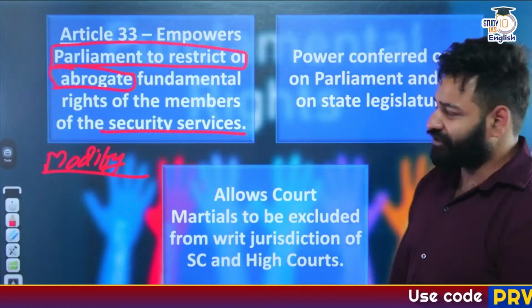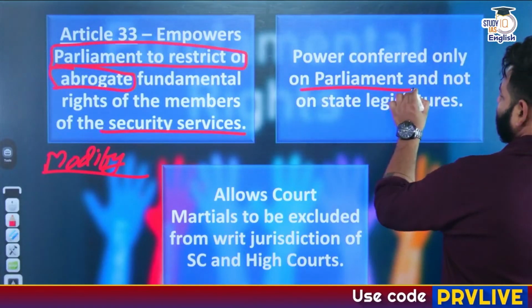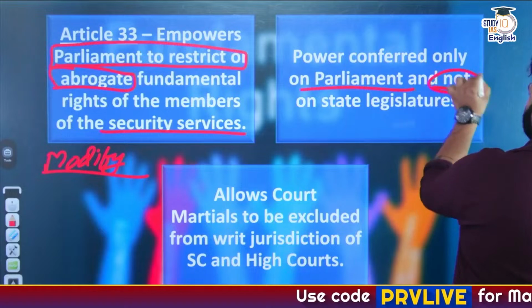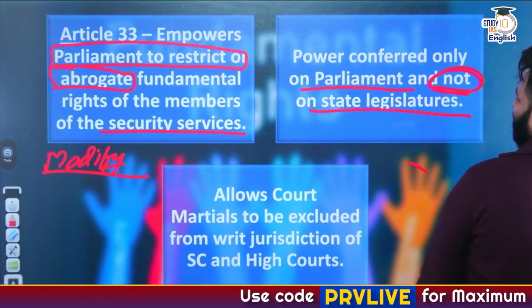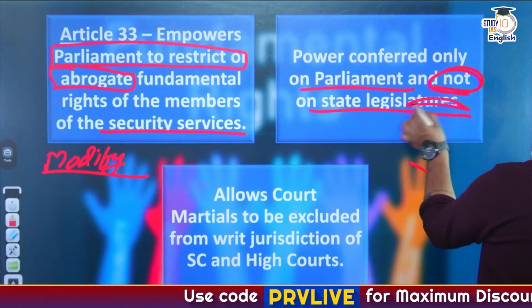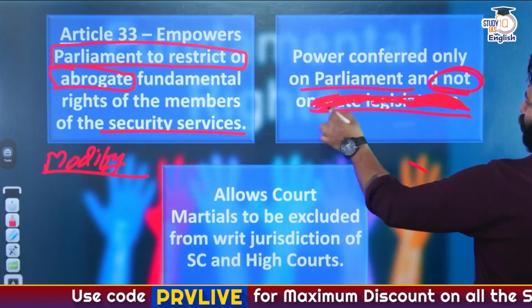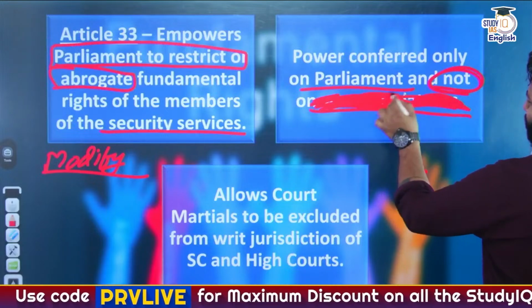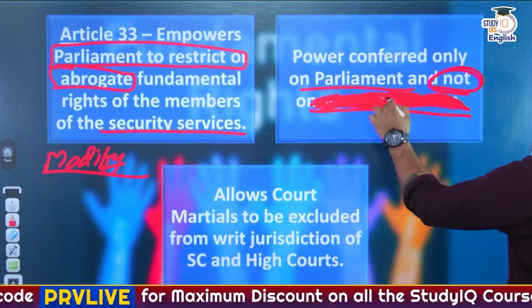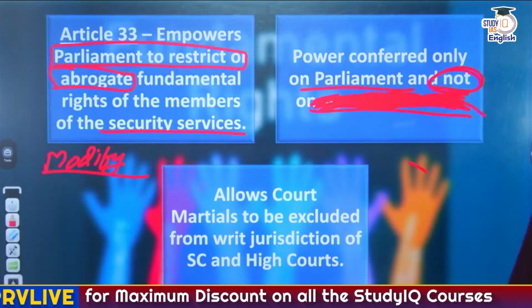Okay, so this is the power only with the parliament, and literally not with the state legislatures. No state legislature, no other body, nothing, only the union parliament has got this power.